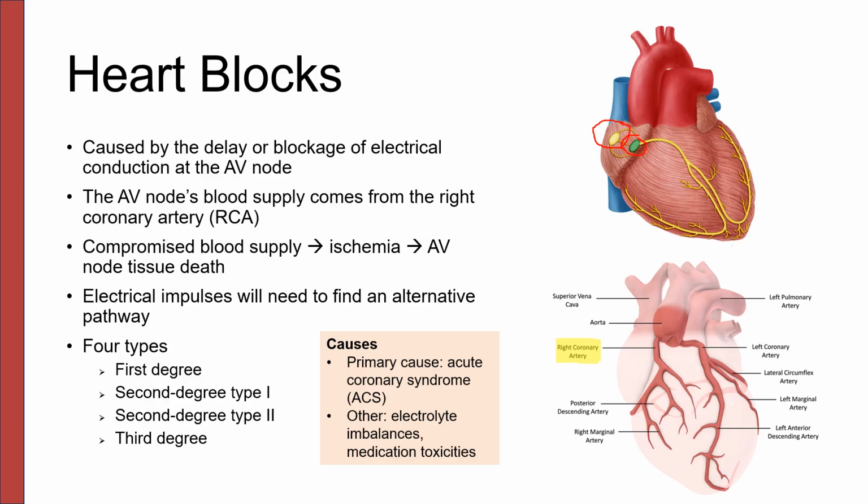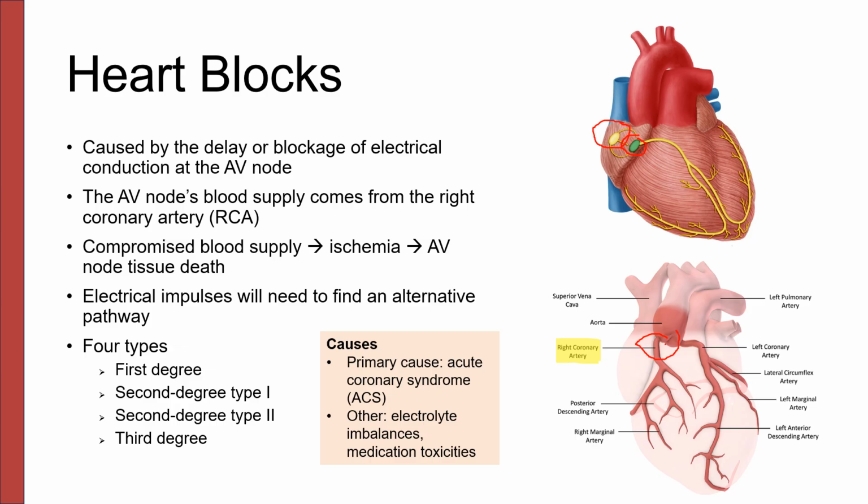If you remember, and you can look at this picture down here, the right coronary artery right here is what supplies the AV node with rich oxygenated blood. So something happened, some kind of infarction, some kind of blockage that is not allowing that oxygenated blood to go down to these branches that are more distal.